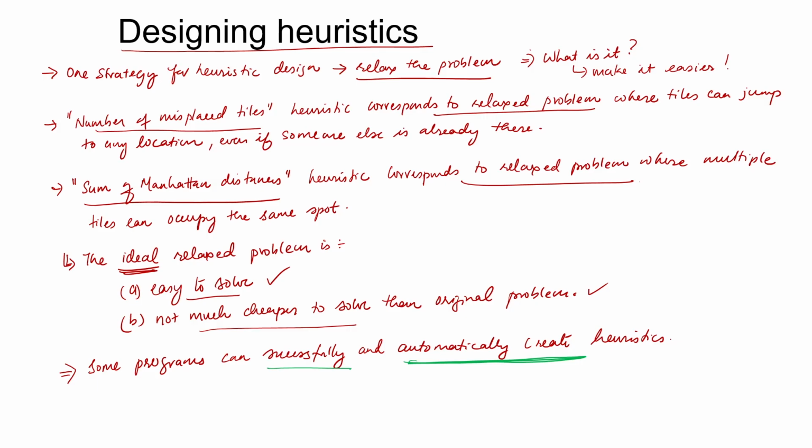So, we briefly looked into how we design heuristics, and also some of the strategies that you can use, like relaxing the problem, and some of the relaxed problems like the number of misplaced tiles or sum of Manhattan distances, etc. So, with this we have now come across the basic aspects of searching, and we looked into multiple search algorithms, both informed and uninformed search, and we also saw how this is an important aspect, how sometimes the search process with problem specific domain knowledge can be made better.